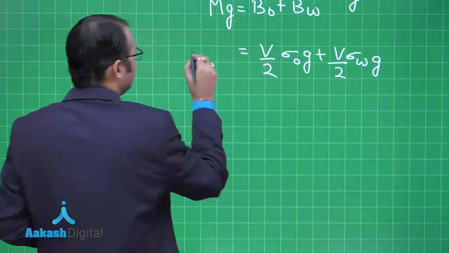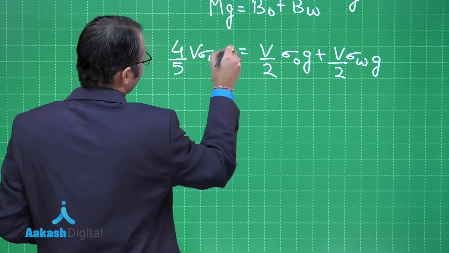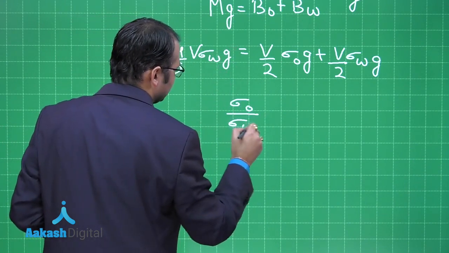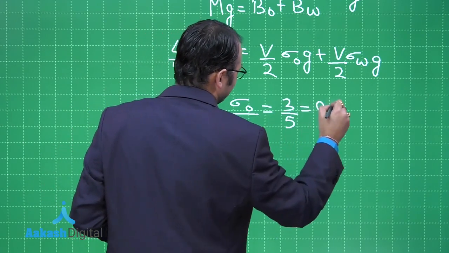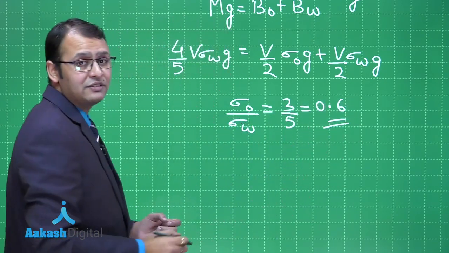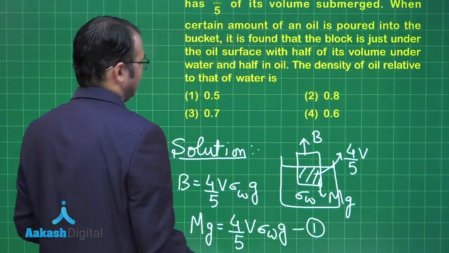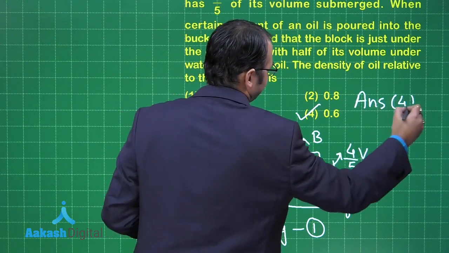So I will write here 4/5 V sigma W g. On solving here, you will get sigma O by sigma W is equal to 3/5, which is equal to 0.6. Let's see which is the best suited option. So among the four options given to us, yes, option number 4 would be the right answer.